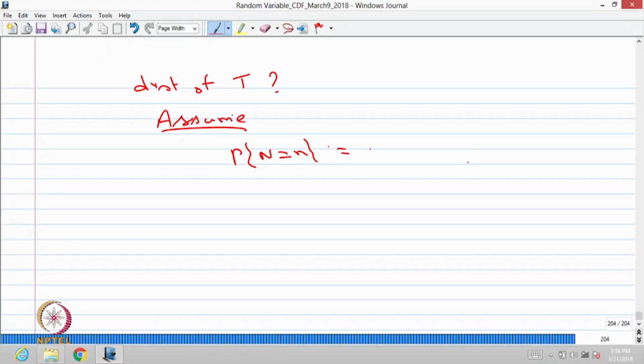I make the assumption that it follows (1 minus rho) into rho power n, where n can take the values 0, 1, 2 and so on, and rho is in the open interval 0 to 1. So, this is the probability mass function of the random variable N.